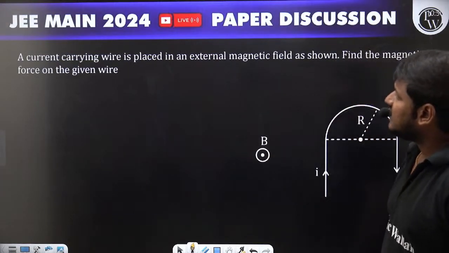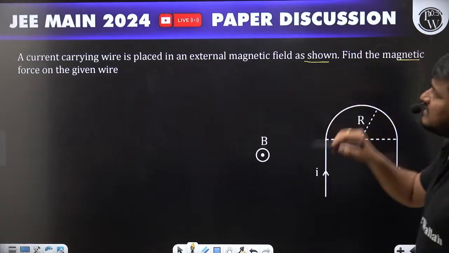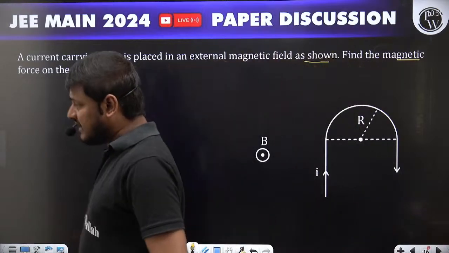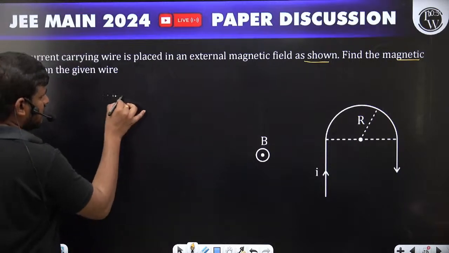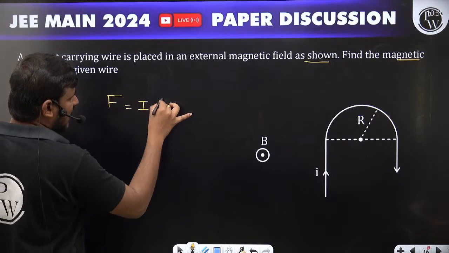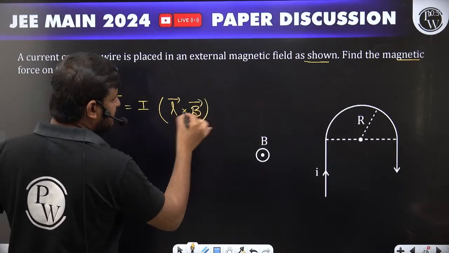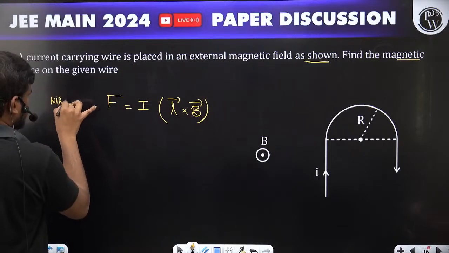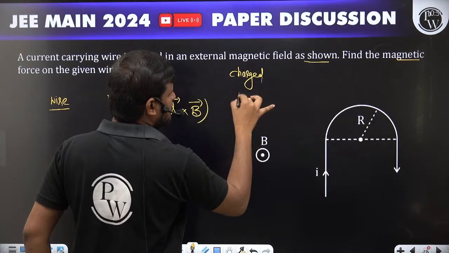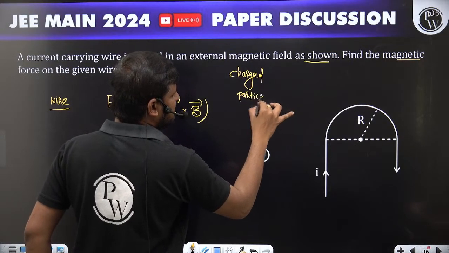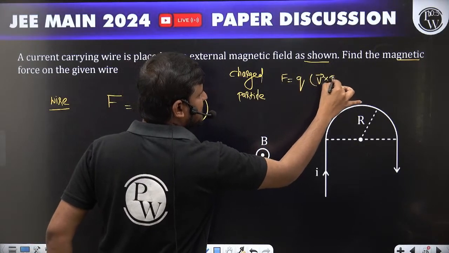A current carrying wire is placed in an external magnetic field as shown in the figure. Find the magnetic force on the wire. When a wire is placed in a magnetic field, the force acting on it will be equal to I into L cross B. If a charged particle is placed in a magnetic field, then you know the formula F is equal to Q into V cross B. Understand the difference?